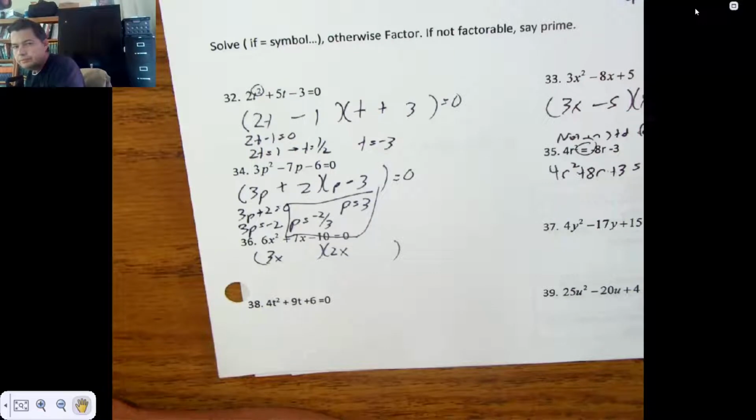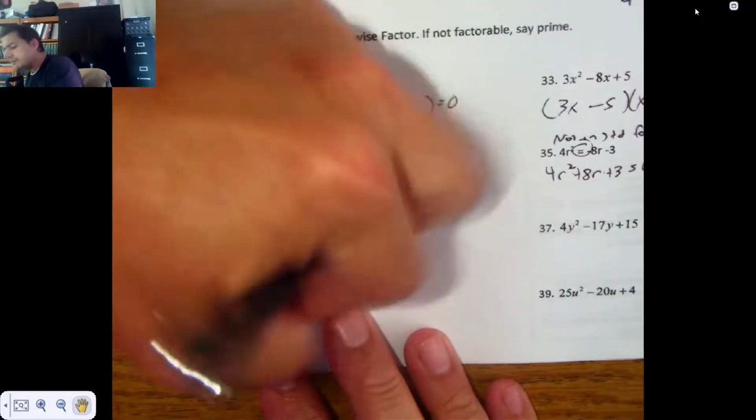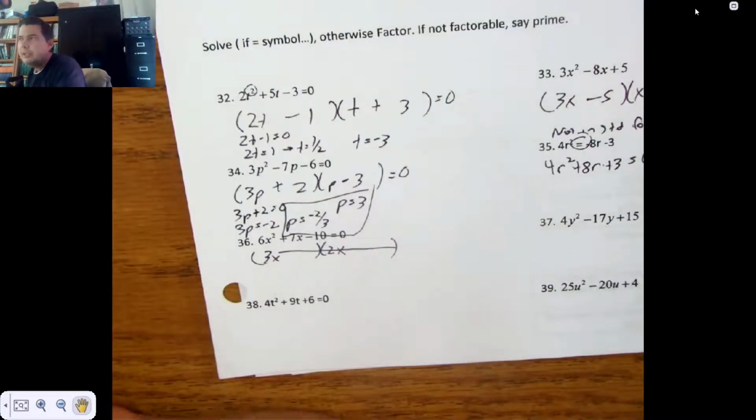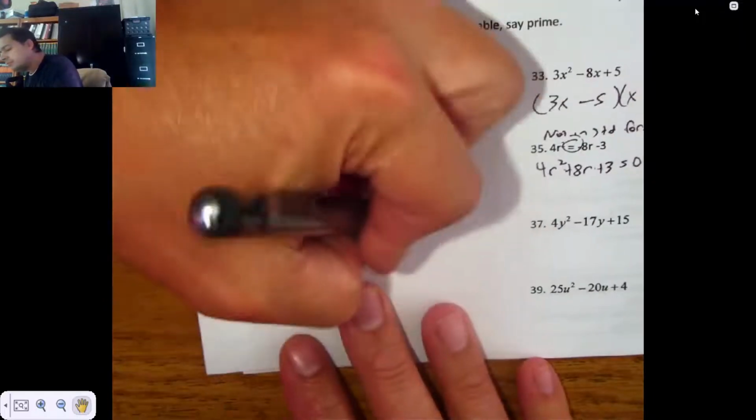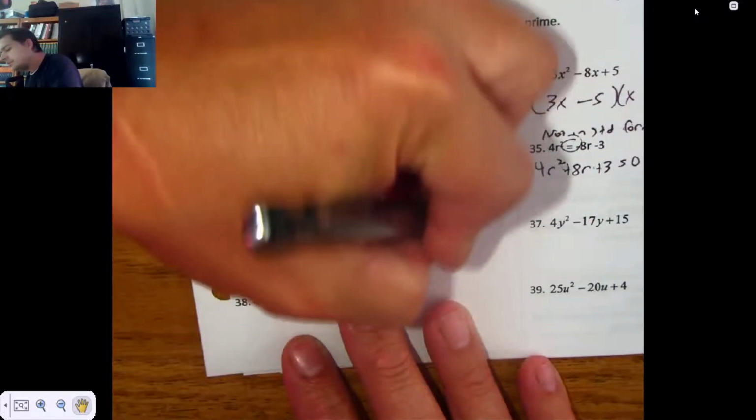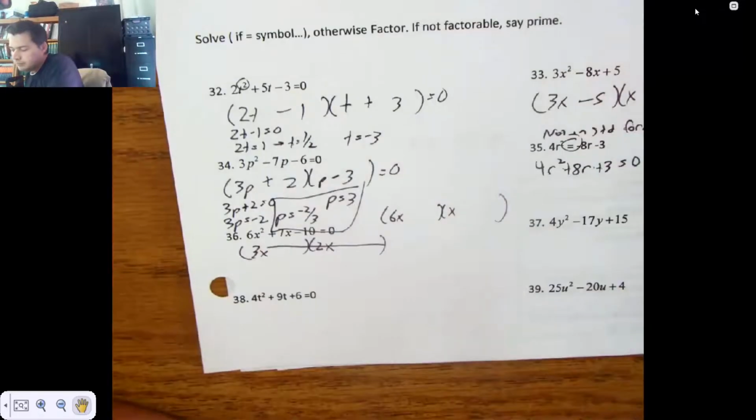No. I guessed. I checked. I didn't like it. You didn't see what I was doing in my head, but I was trying to figure it out. 6x and x. Still going to be 5 and 2, probably.